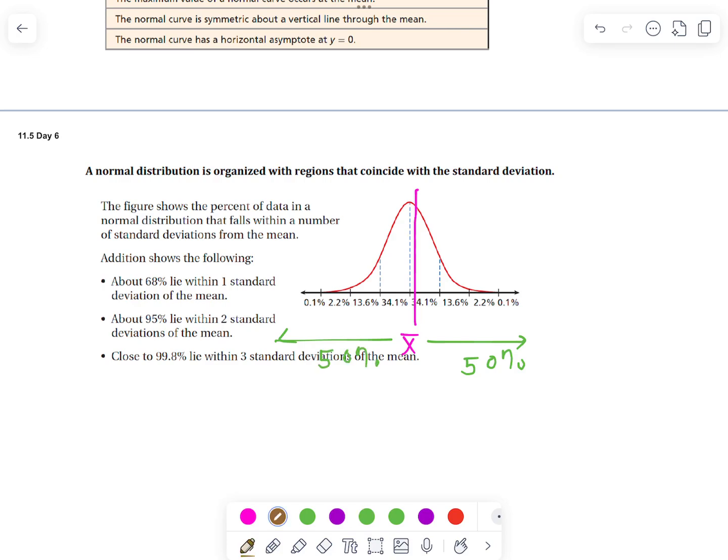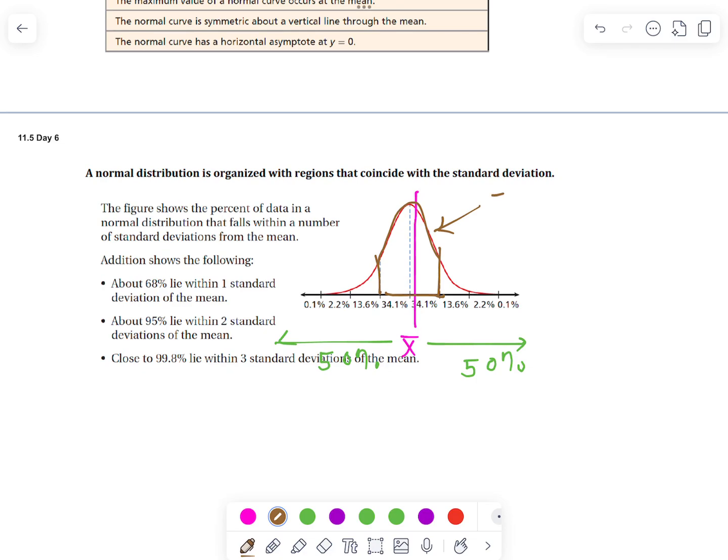Then we say within 1 standard deviation, so plus or minus 1 standard deviation is going to be 68%.